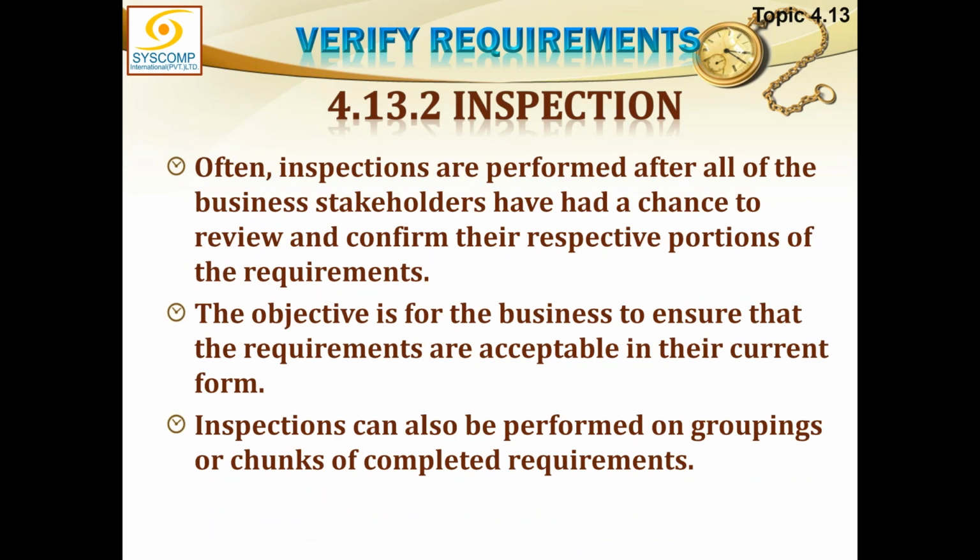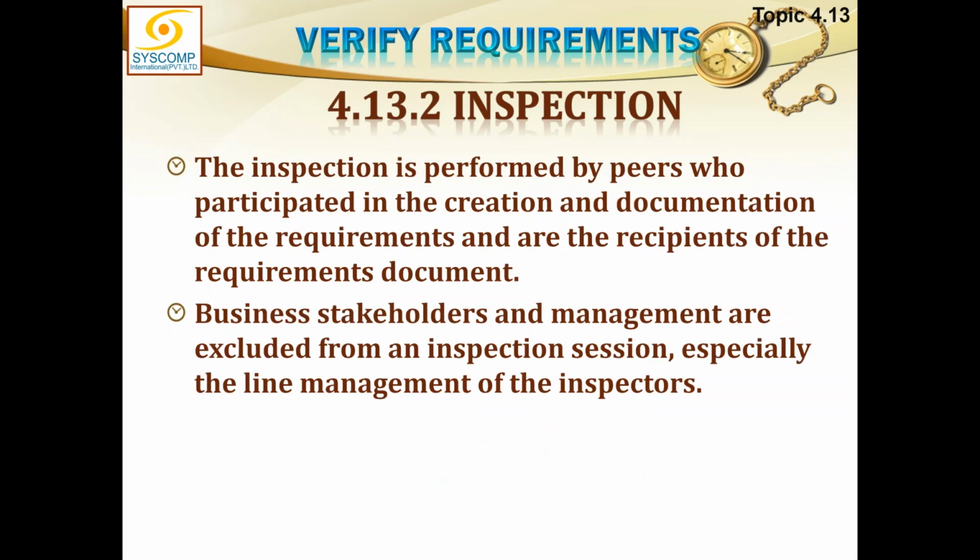Often inspections are performed after all of the business stakeholders have had a chance to review and confirm their respective portions of the requirements. The objective is for the business to ensure that the requirements are acceptable in their current form. Inspection can also be performed on groupings or chunks of completed requirements.